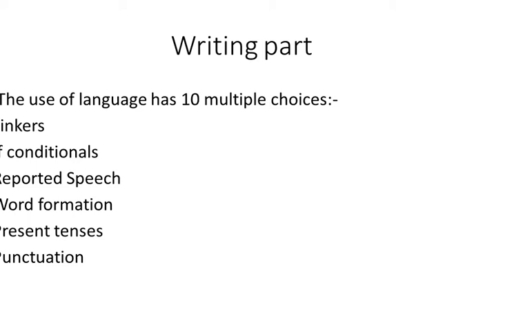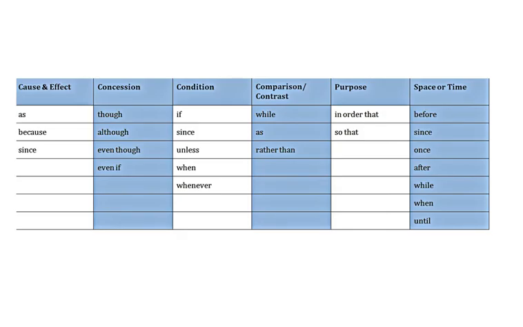The use of language has 10 multiple choices for the linkers, if conditionals, report speech, word formation, present tenses, punctuation, and so on. For the linkers, as you know, linkers are divided into cause and effect, condition, comparison and contrast, purpose, space, or time.